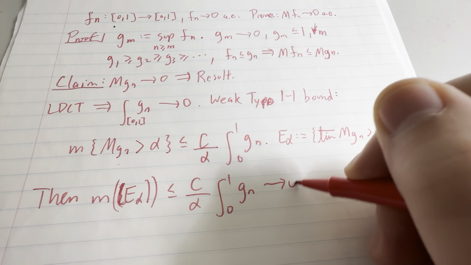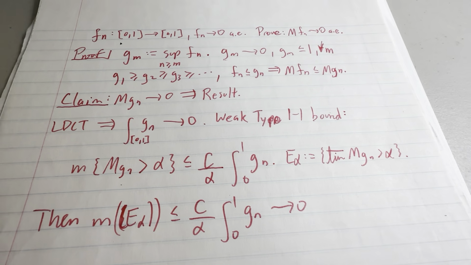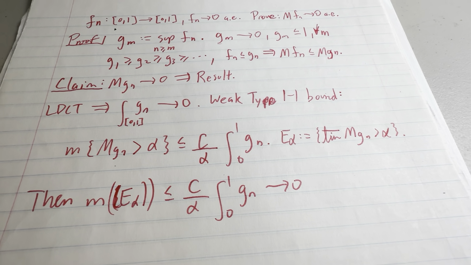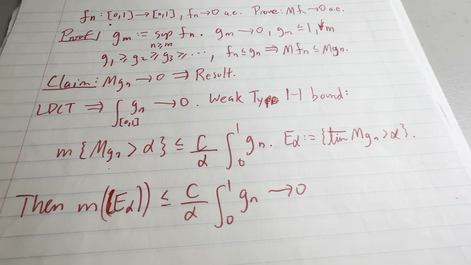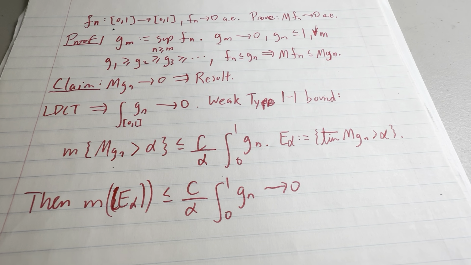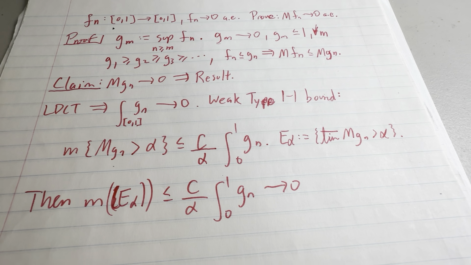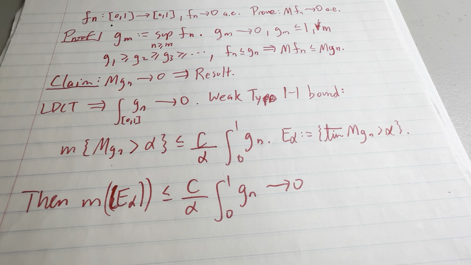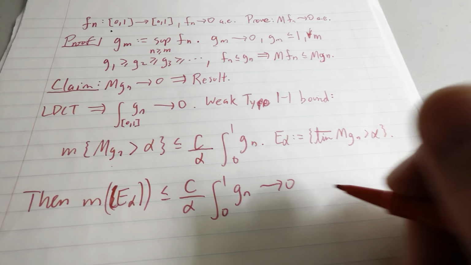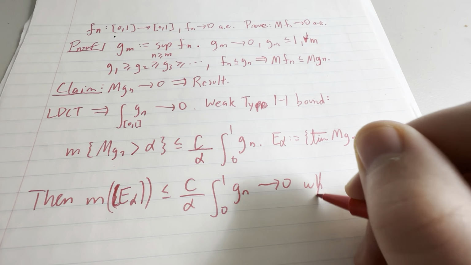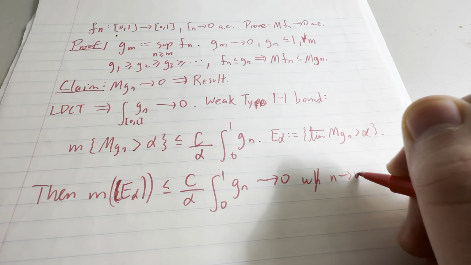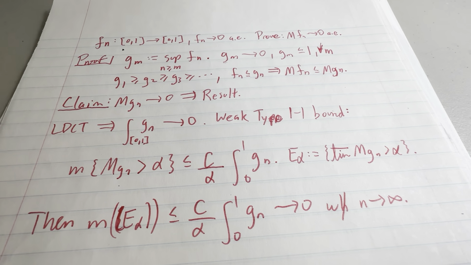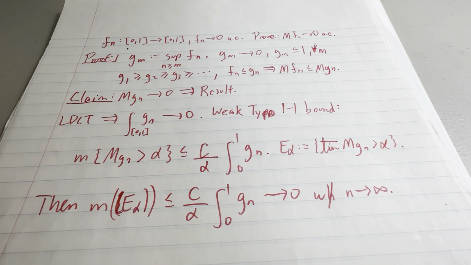And this also tends to 0. How do I know that it tends to 0? Well, what does it tend to 0 with is a better question. Does it tend to 0 with t, or does it tend to 0 with n? Because the integral of Gn tends to 0. Oh, it tends to 0 with n. So you fix the alpha, and you're letting n tend toward infinity. Okay, yeah, I got confused there for a second.